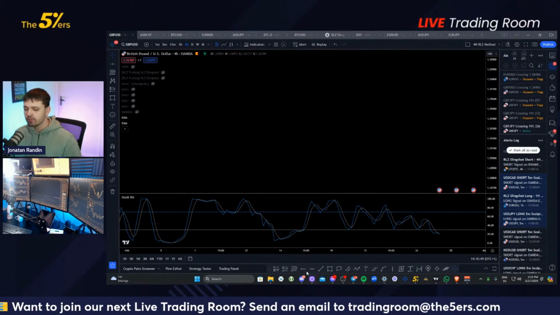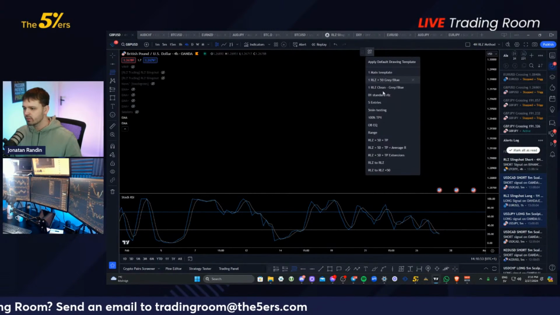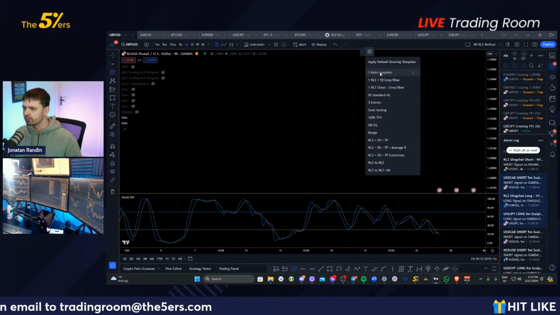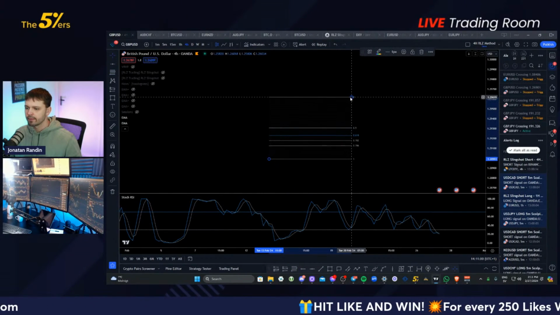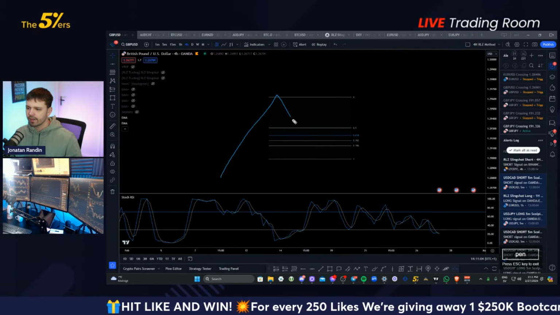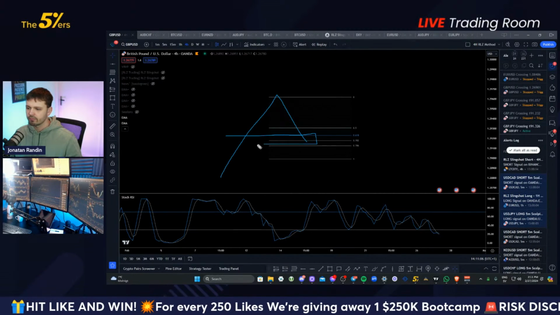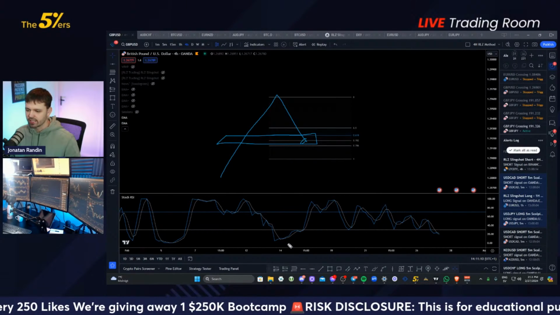Another thing I'm doing is using the fib tool. So we can add the fib tool right here. When you have a break and a retest right here, that's the retest. Now let's just assume that stochastic RSI is in the right location here.